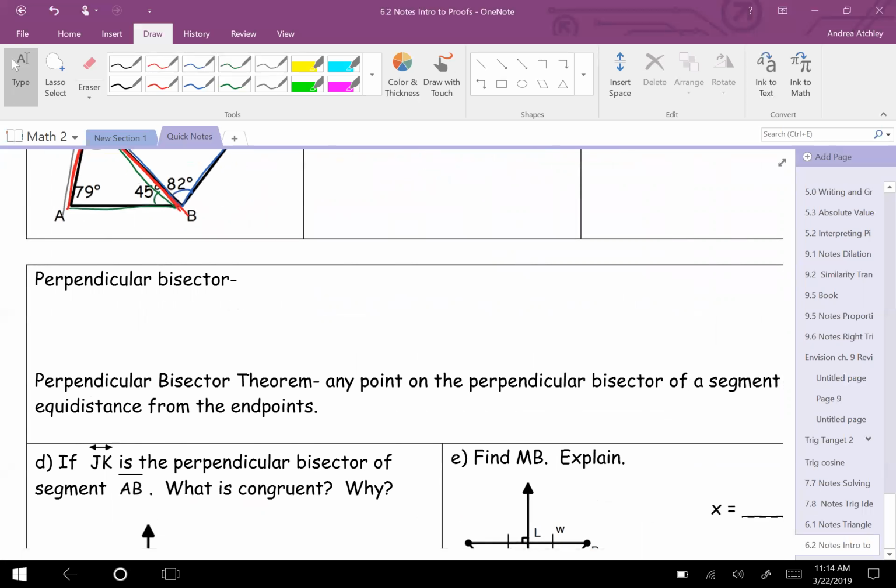I need bisecting. That means cutting things in half. What's the other thing I need? How are they going to intersect? At 90-degree angles. I need a perpendicular, right? That's exactly, it's in the name. Perpendicular bisector means I need to cut it in half and be perpendicular to it, right?